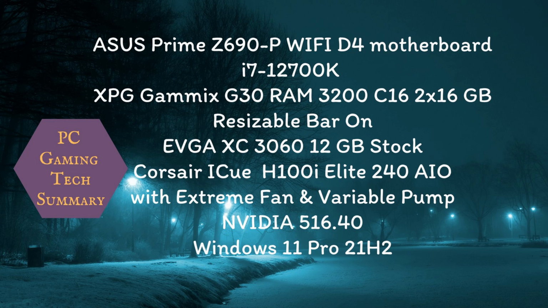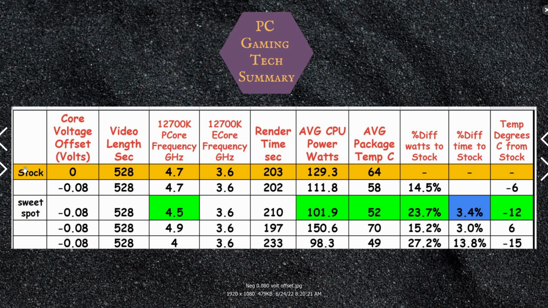Here are the results. Now on the yellow row, we've got stock settings for the 12700K. So that's got no offset for the voltage, core voltage. We rendered a video that's 528 seconds in length at the stock 4.7 gigahertz boost clock and the 3.6 efficiency core boost clock.